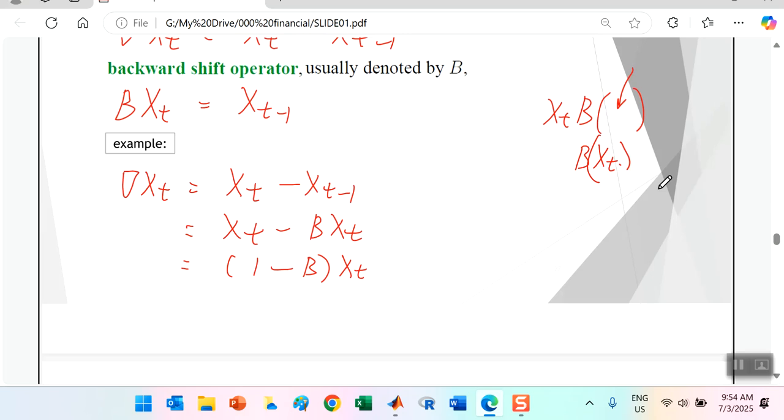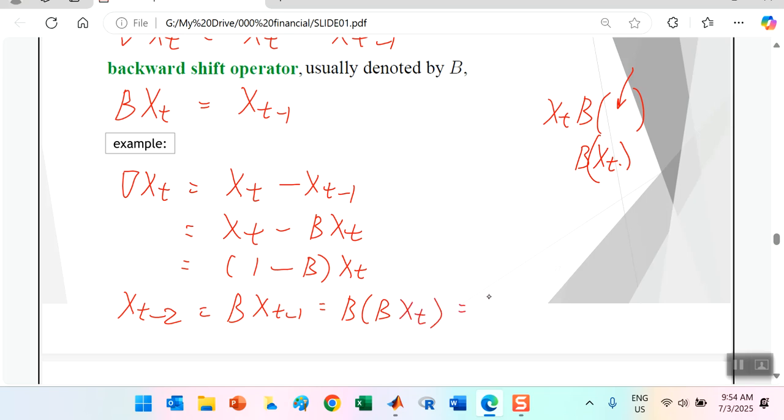If you have Xt minus 2, we can also relate this to B shifting Xt minus 1 time, and then you will get Xt minus 2. Xt minus 1 can be written in the backward shift operator as BXt.